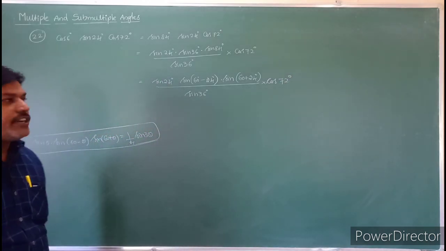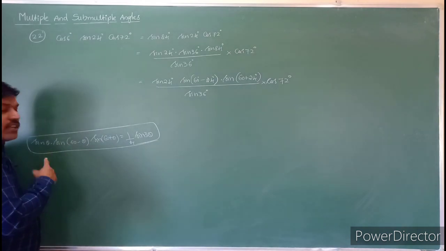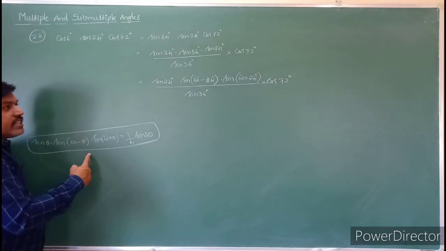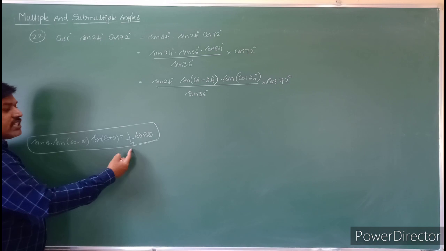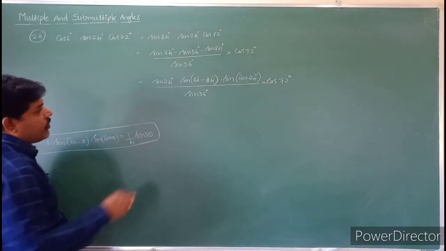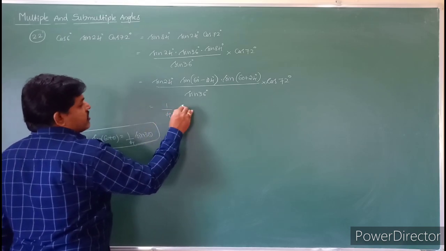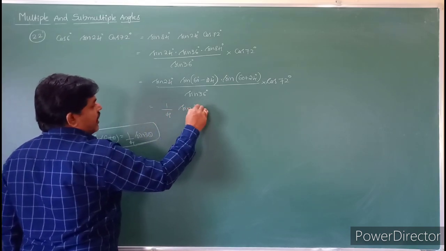I have already given the formula: sin theta into sin 60 minus theta into sin 60 plus theta will become 1 by 4 into sin 3 theta.